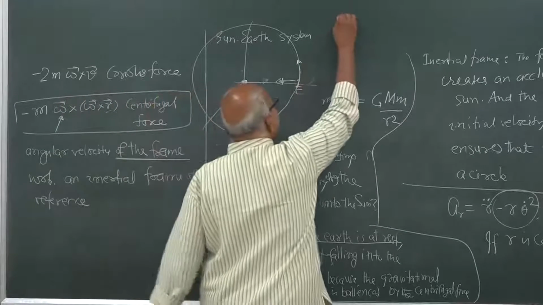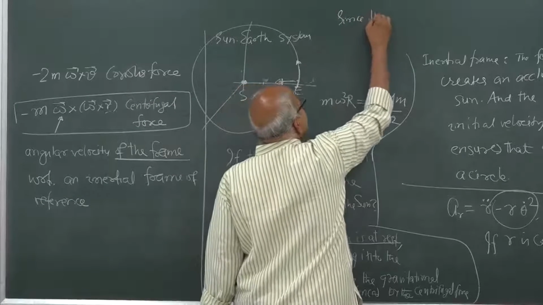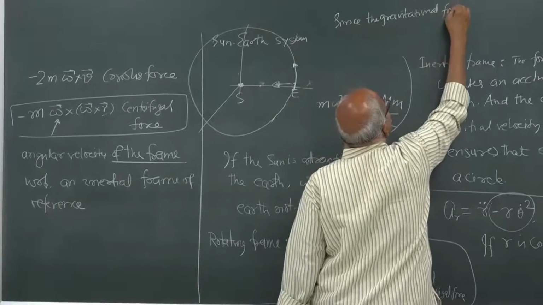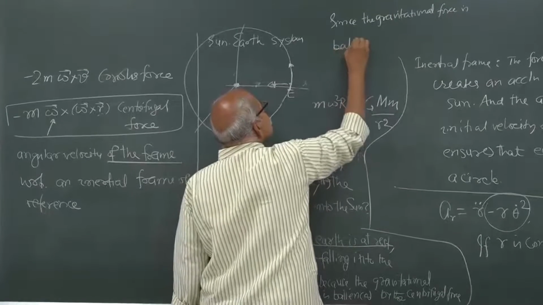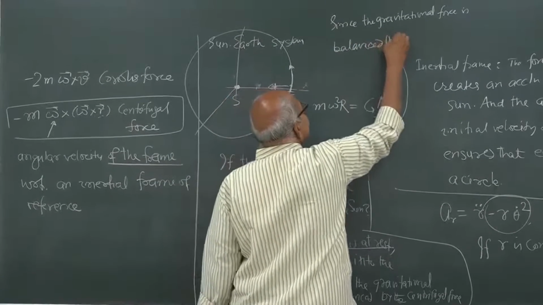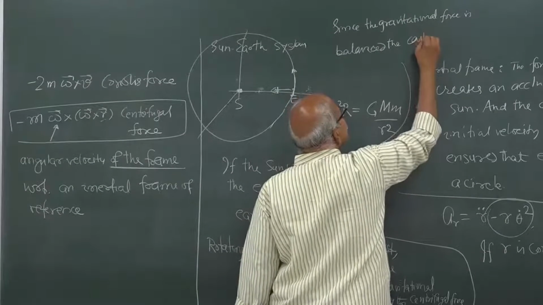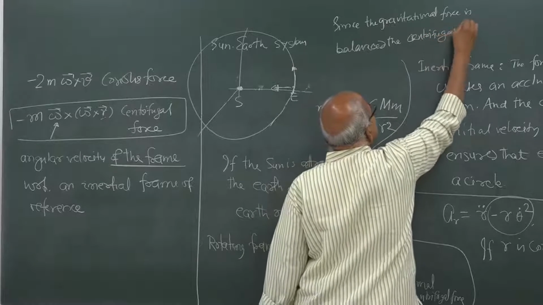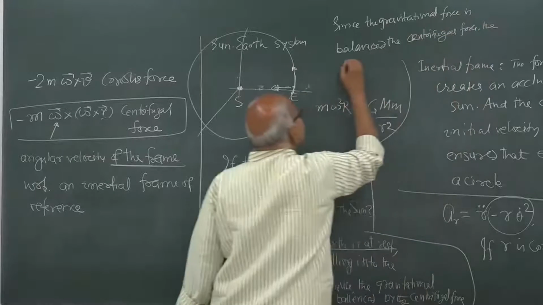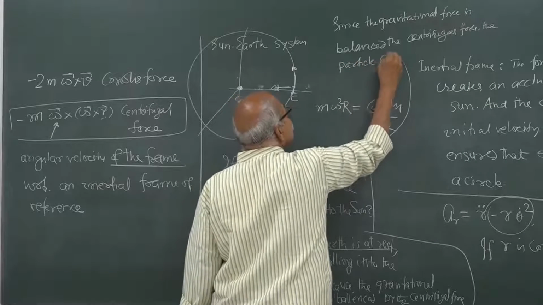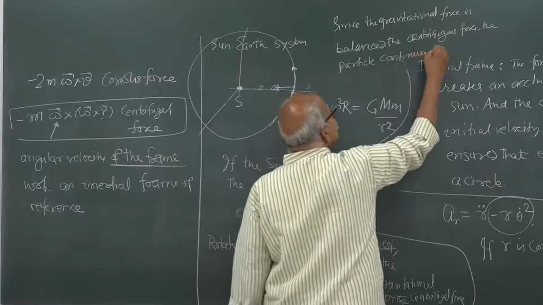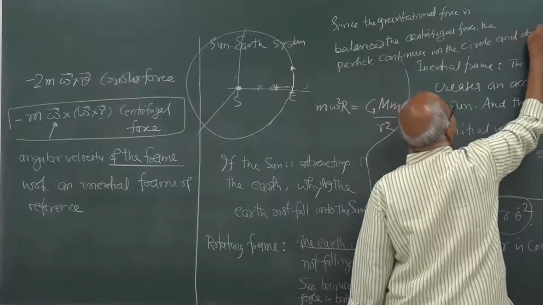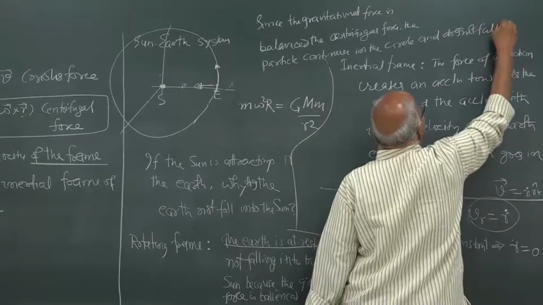Since I am writing this wrong statement: since the gravitational force is balanced by the centrifugal force, the particle continues in the circle and does not fall into the sun.